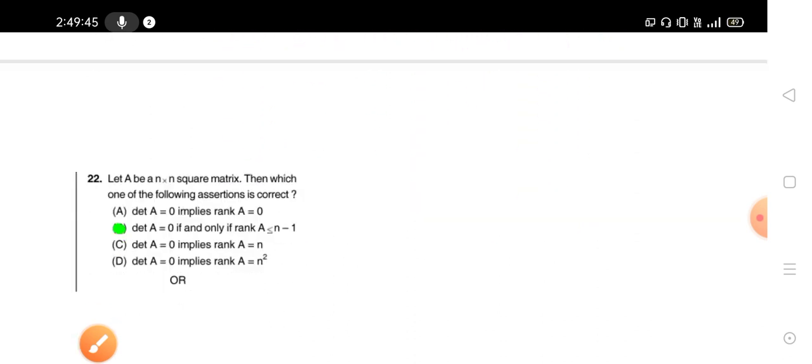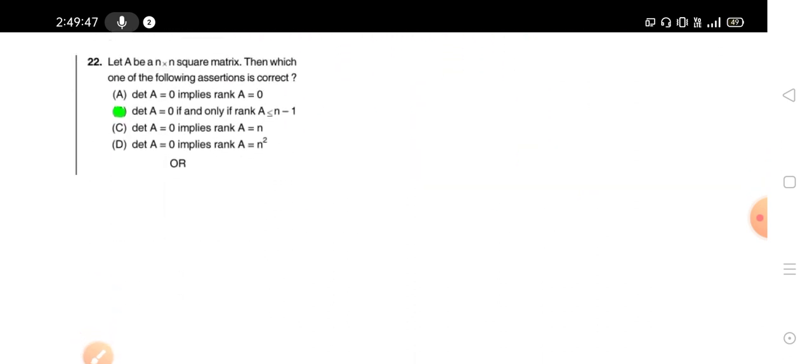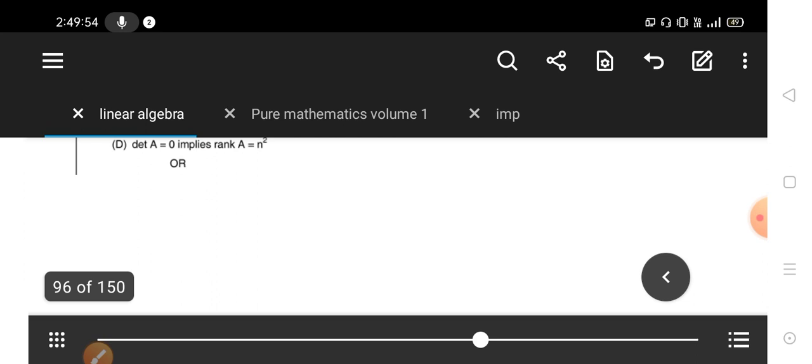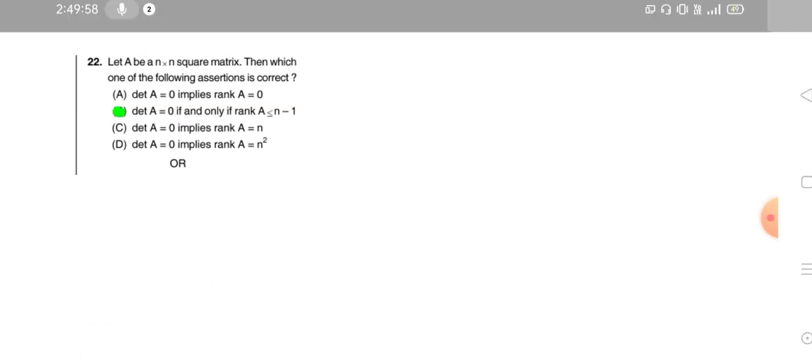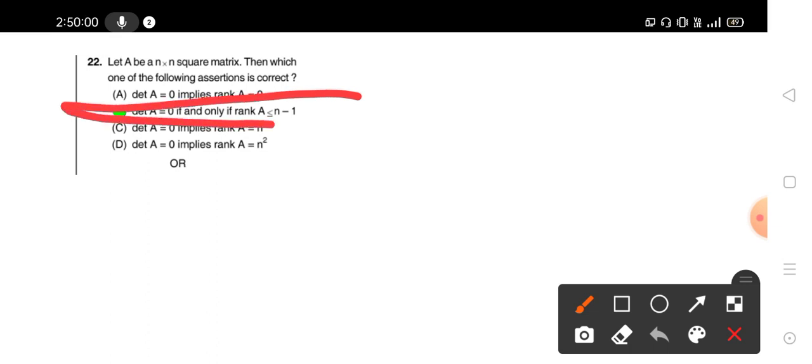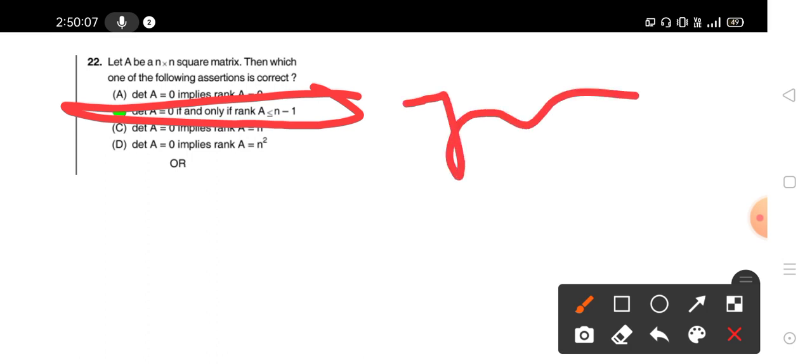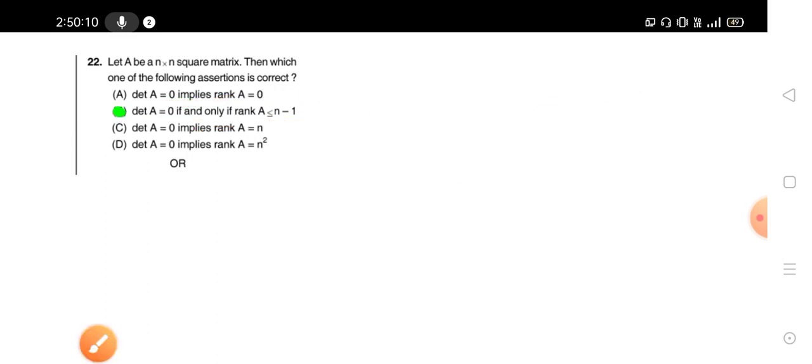Next question. If A is an n cross n square matrix, then which one of the following assertions is correct? Determinant of A equal to 0 if and only if rank of A is less than or equal to n minus 1. This is very important. In option C, determinant of A equal to 0 implies rank of A is equal to n.